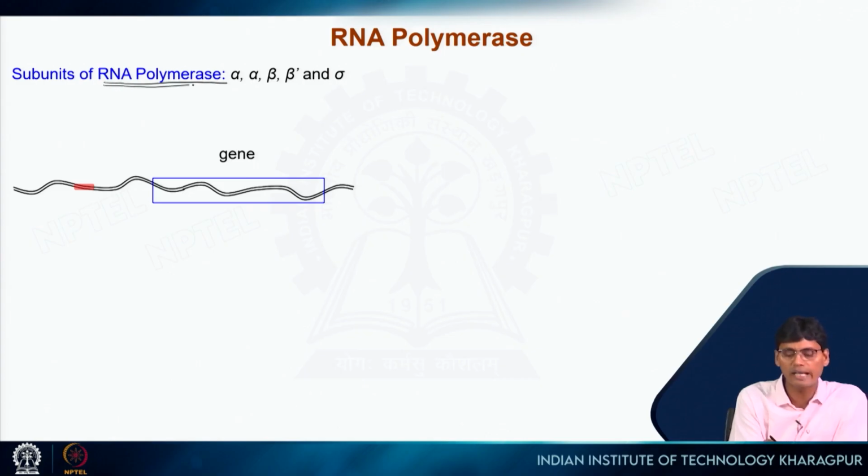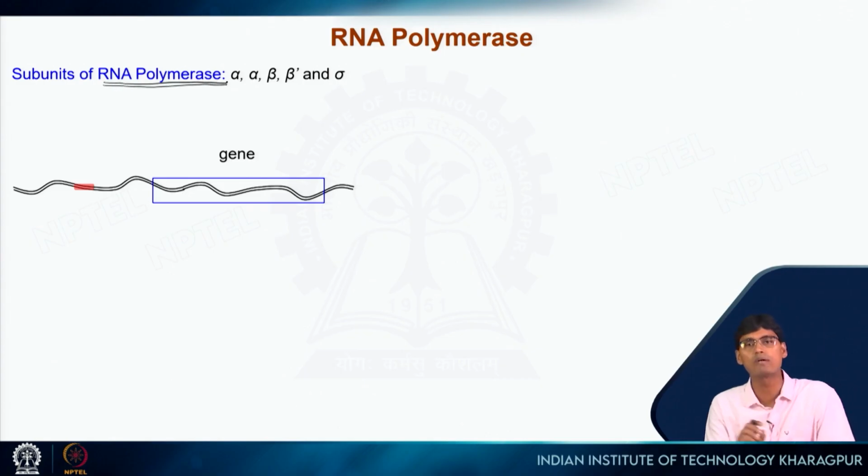Now I would like to discuss RNA polymerase a little bit more. RNA polymerase is an enzyme, but it is a little bit more complex. That means it has multiple subunits. Subunits means multiple polypeptides that can be together and function together.